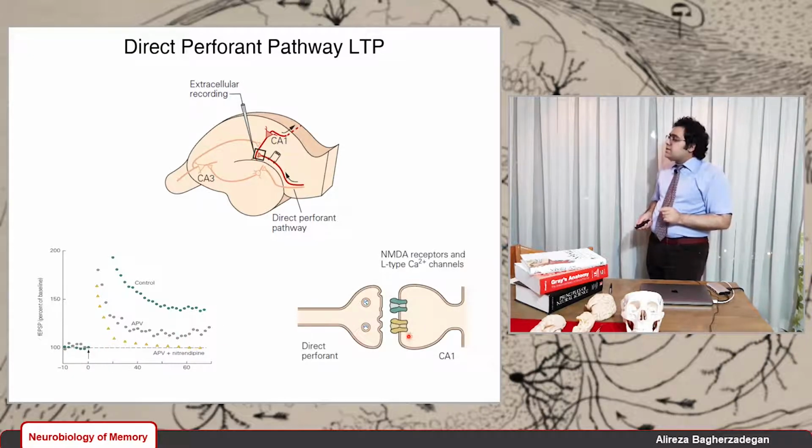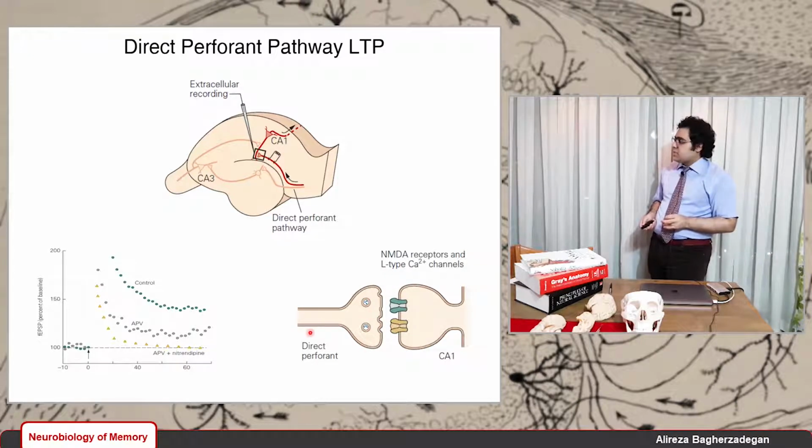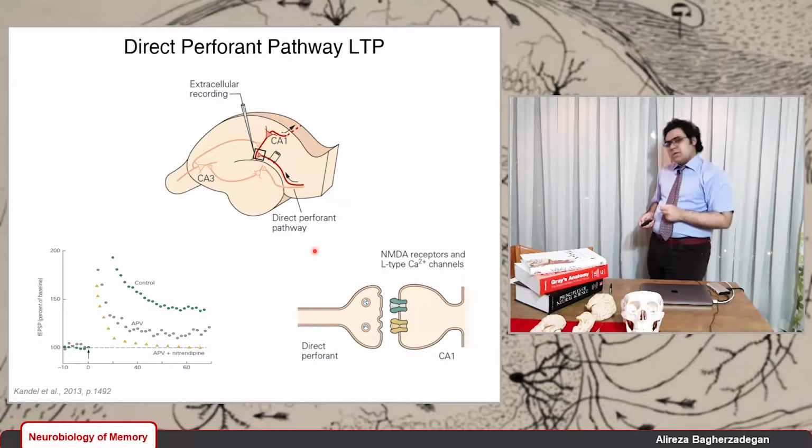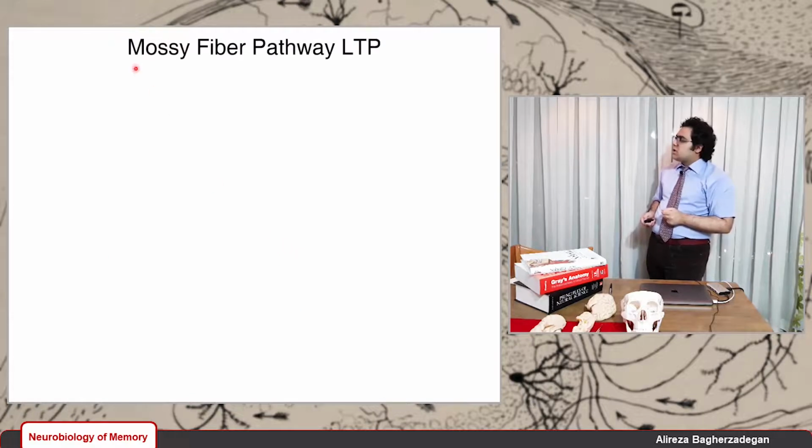So that means that in the direct perforant pathway, LTP depends partially on NMDA receptors and also on L-type voltage-gated calcium ion channels. Okay. And you know, in both of these pathways, this is the postsynaptic cell that contributes to the strengthening of the synapse. Let's see another scenario.